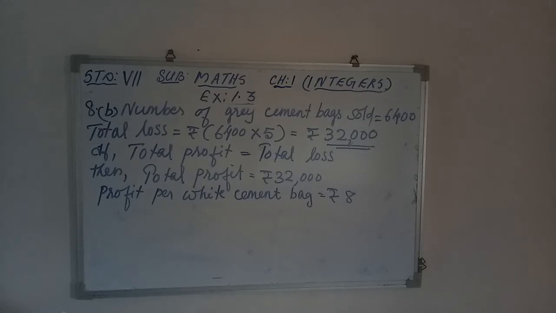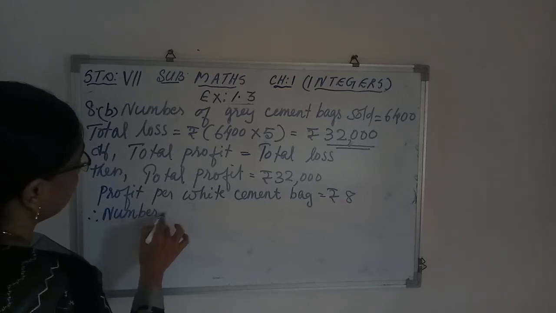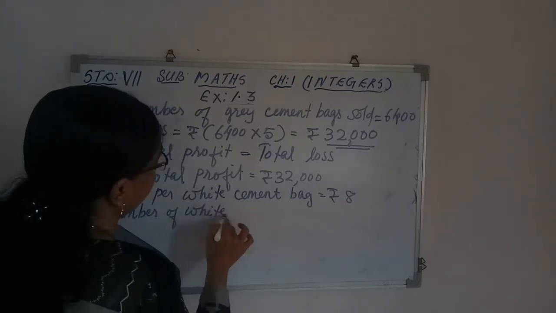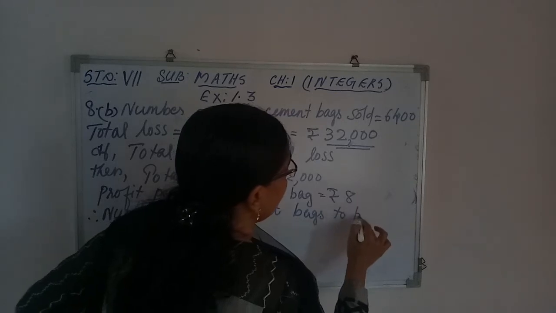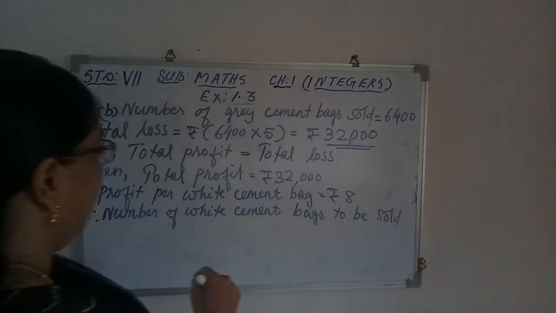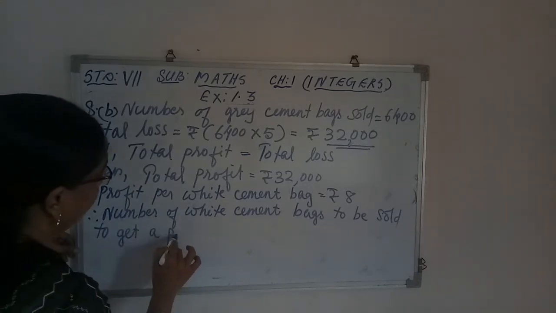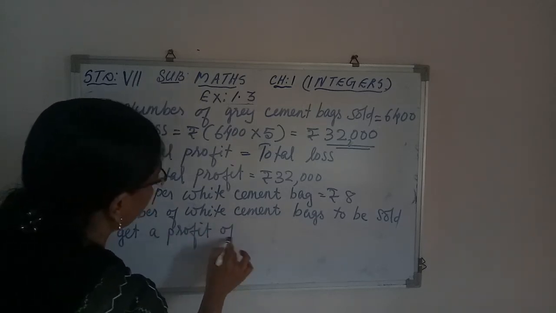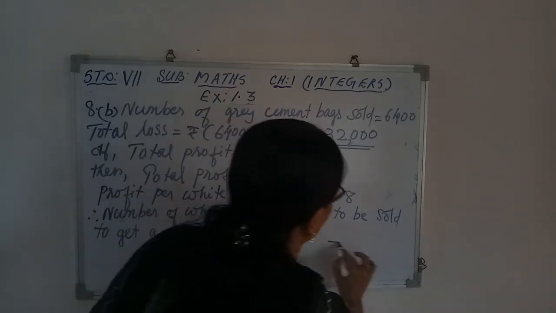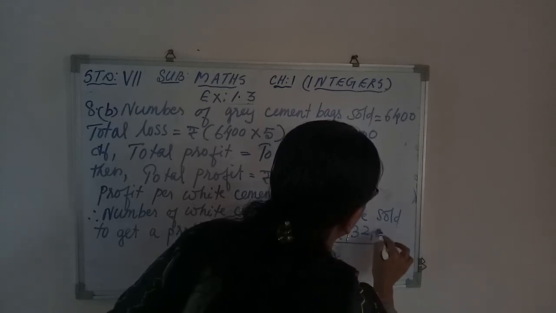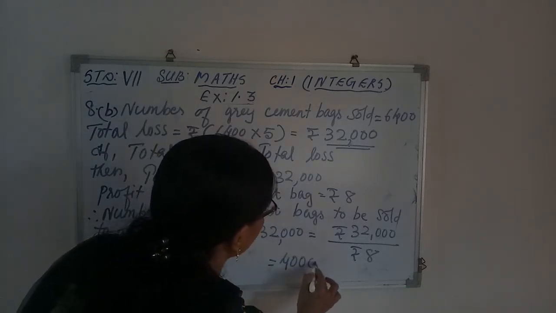So the number of white cement bags to be sold to get a profit of rupees 32,000 is rupees 32,000 divided by rupees 8. The answer will be equal to 4,000.